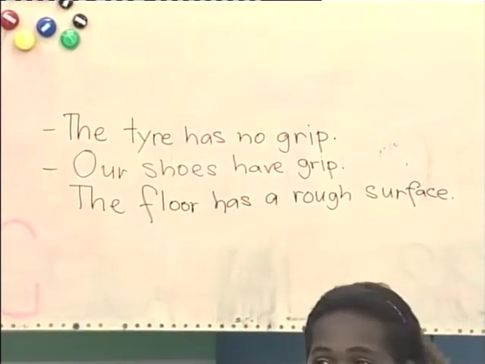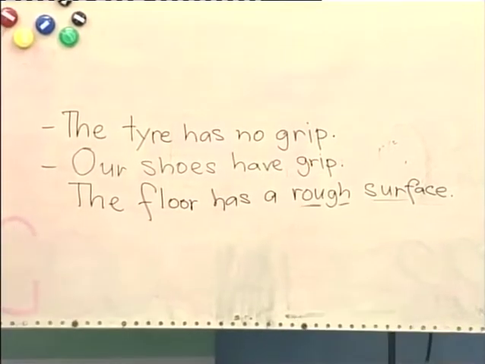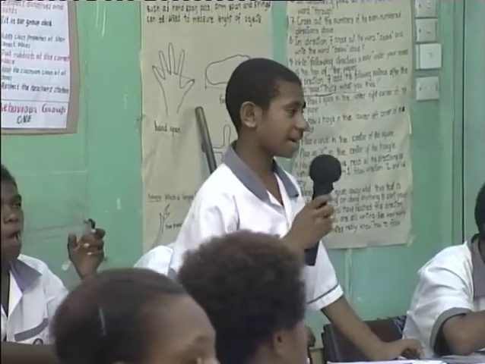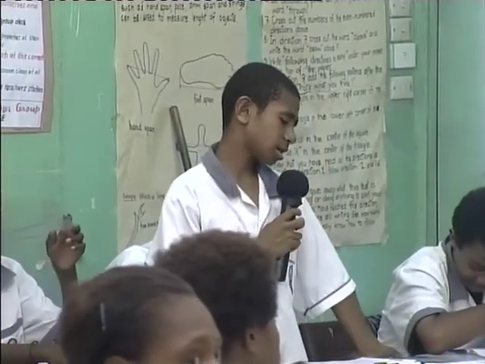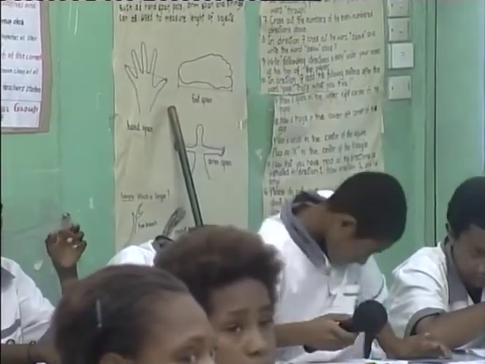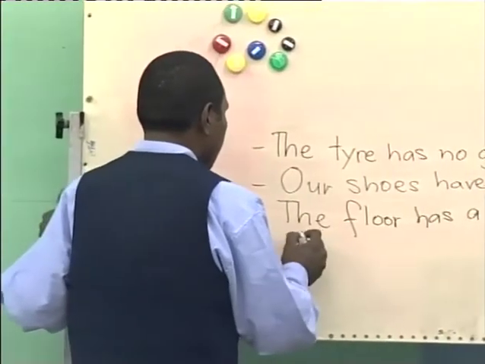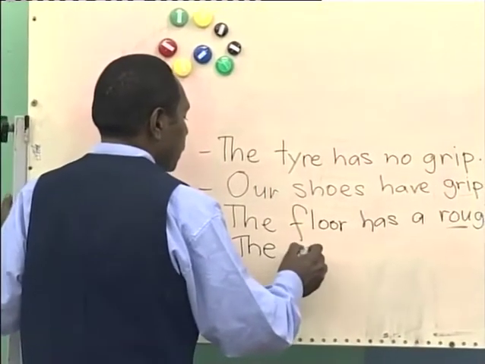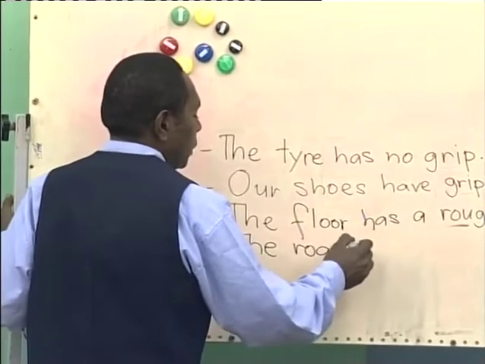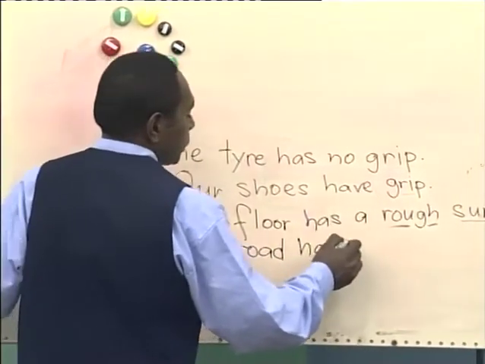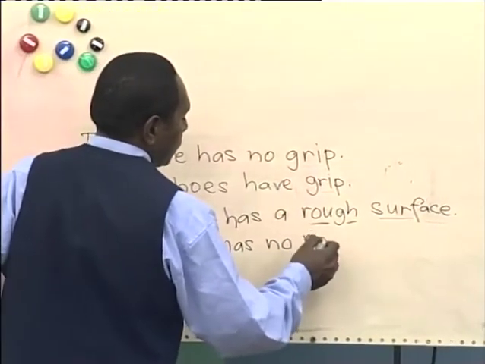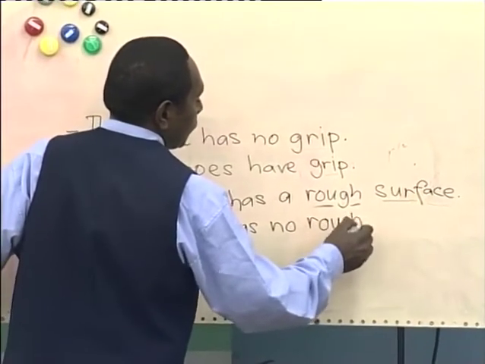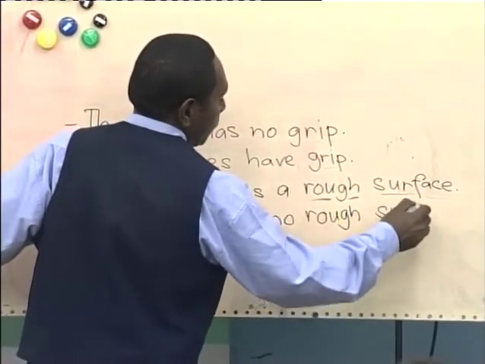Jason, the road has no rough surface. The road has no rough surface, right? Okay. The road has no rough surface.